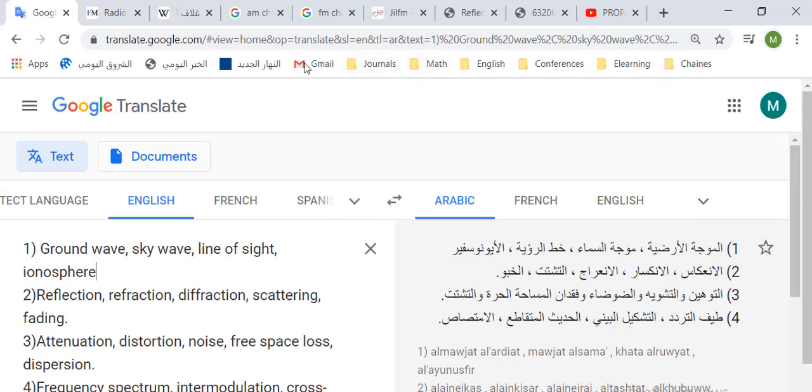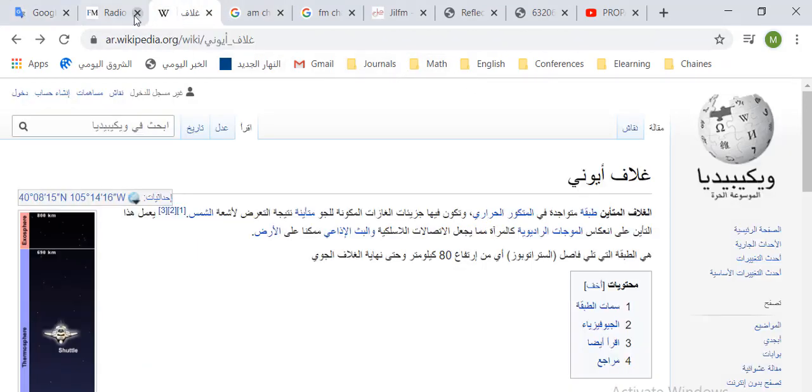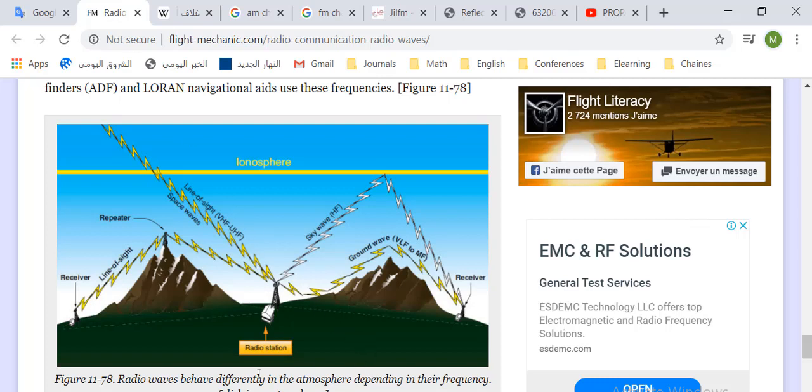Let's see here an example. Here we have a transmitting antenna, as we can see, and the signals go through the ground wave. Okay, this is the sender and this is the receiving antenna.